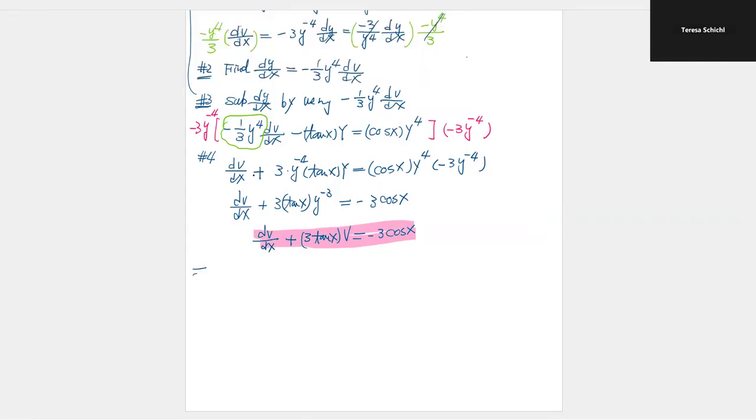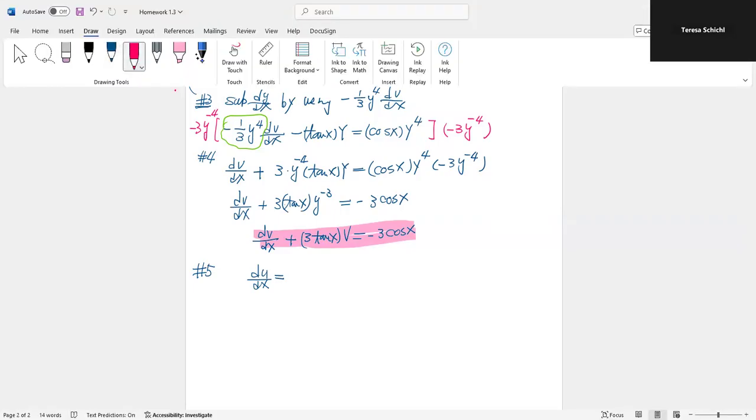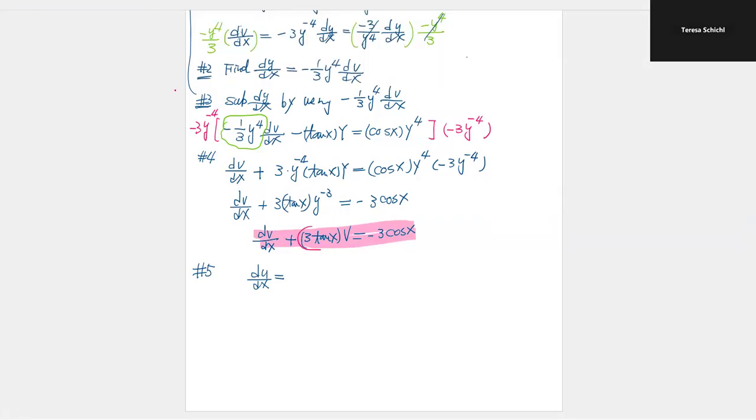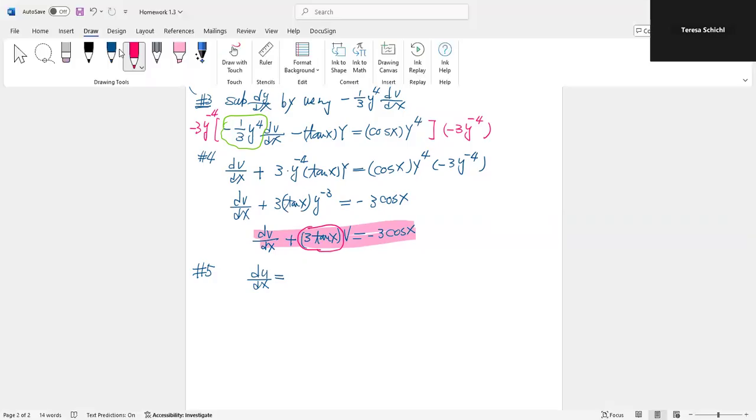Number 5, we find the integrating factor. For the integrating factor, we use du/dx and then use my p(x). So what is my p(x) here? This is my new p(x).